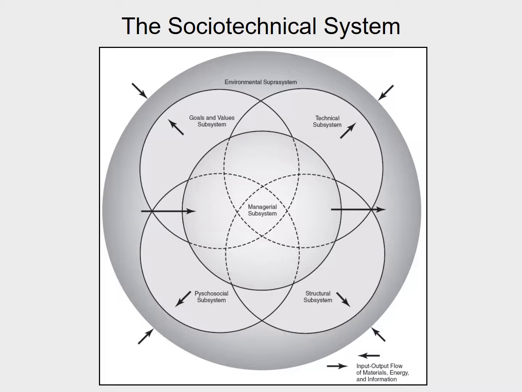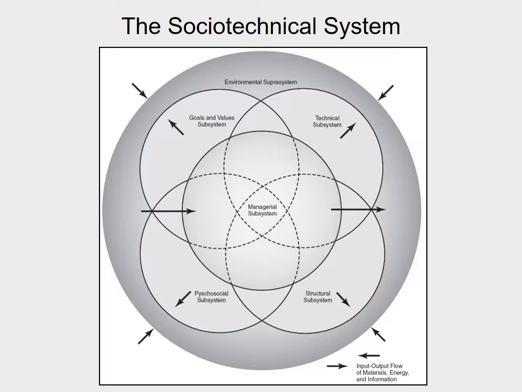And if there is a problem in one of the other subsystems, the managerial subsystem is what we're going to use to hopefully create an intervention and implement that intervention. So notice everything's interrelated. The technical subsystem, so the tools that are used, is hopefully the result of the goals and values, but also may limit what goals and values can be done.